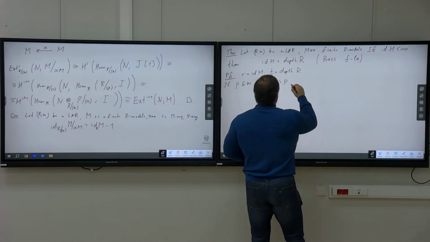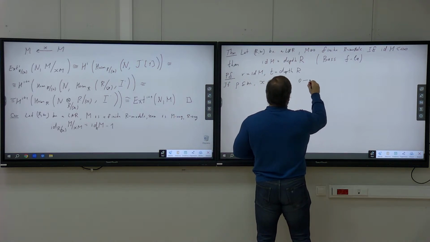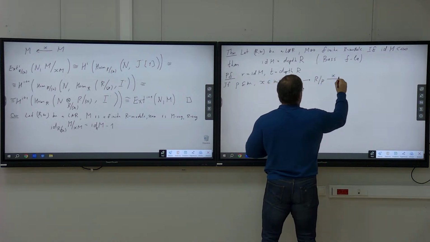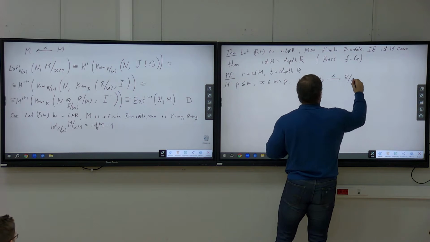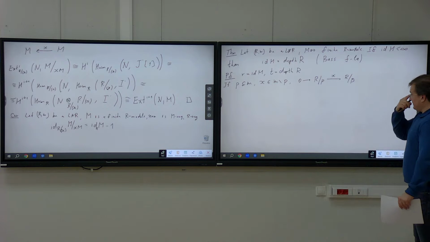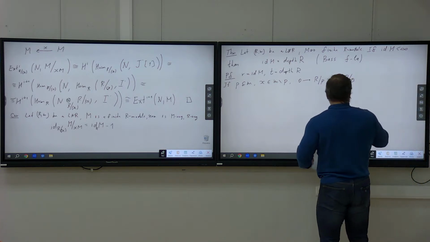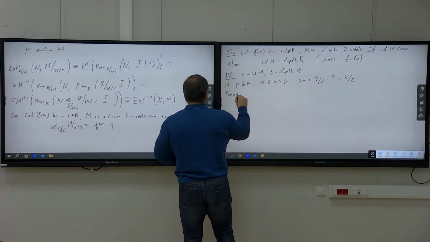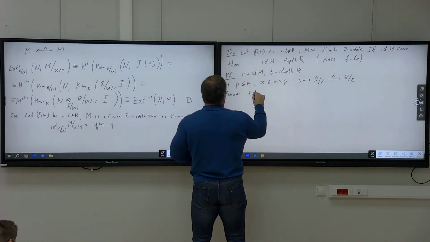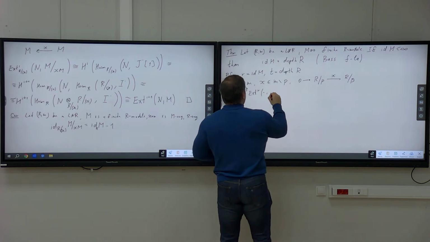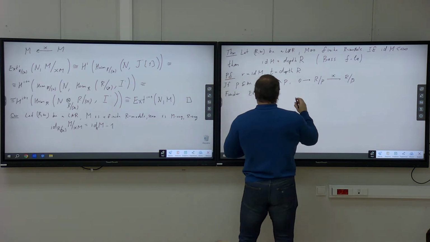we look at the short exact, sorry, not exactly short exact, this is only exact on the left. So look at this left exact thing. Then the functor Ext with the index r, remember that r is the injective dimension, so Ext^r(-, M) is right exact.